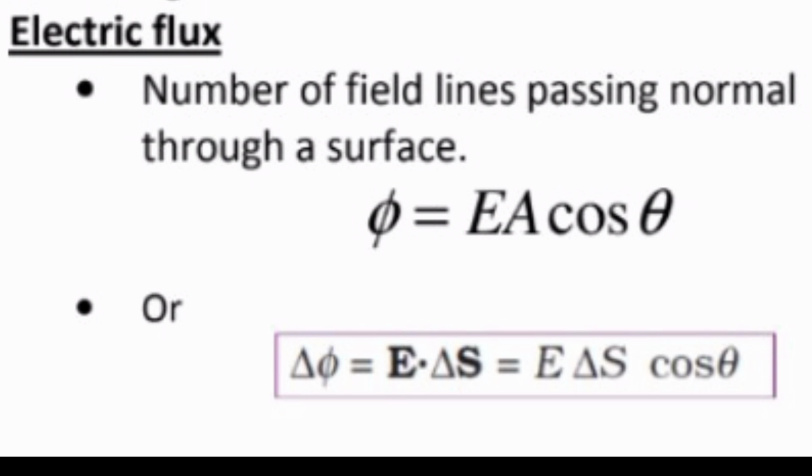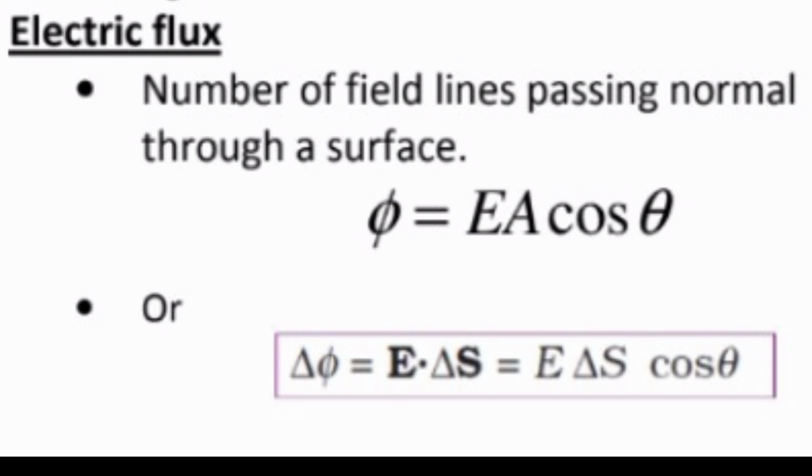For finding electric flux, that is phi, we can use the equation EA cos theta or E dot ds. For finding the electric flux, we have to find the number of electric lines of force passing normally through that area.